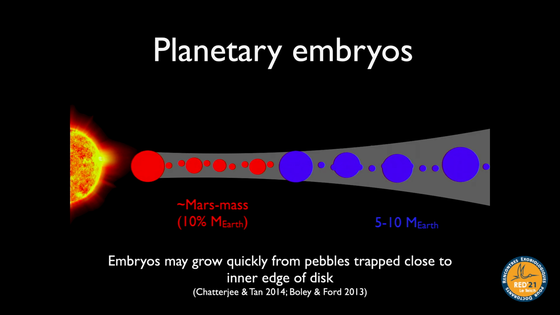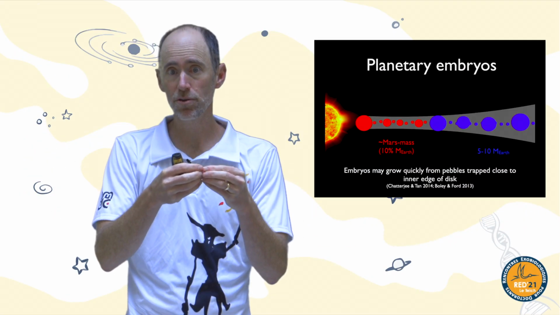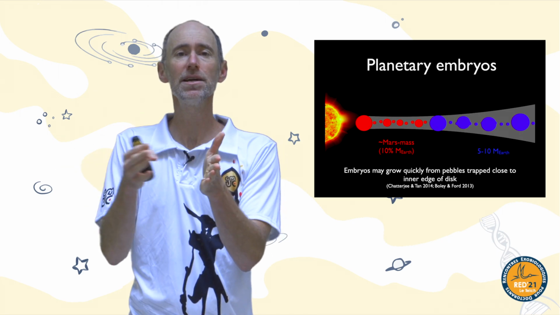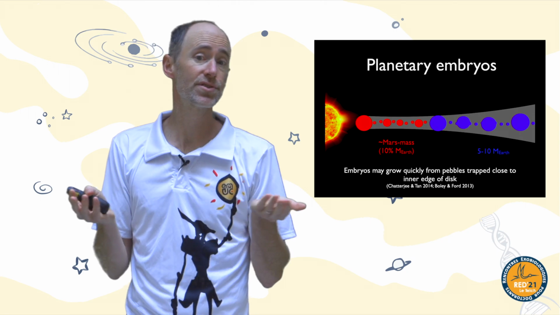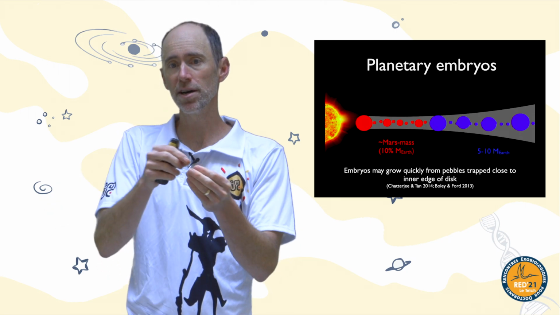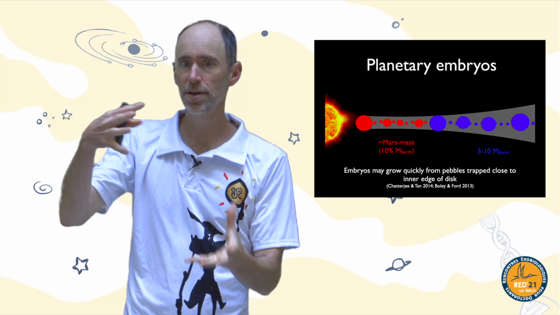So this drift model proposes that those pebbles that drift inward, that don't end up building other stuff, don't just disappear or sublime or evaporate away. Instead, sometimes maybe they can get trapped and maybe there can be a concentration of them close to the star because of a pressure bump in the disk close to the star, or some other reason that would concentrate those instead of letting them go to waste.